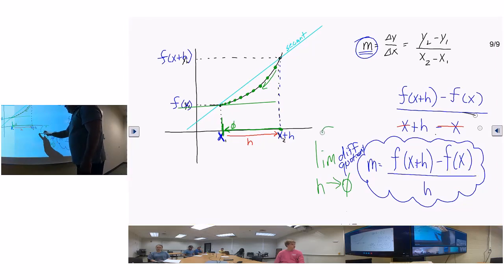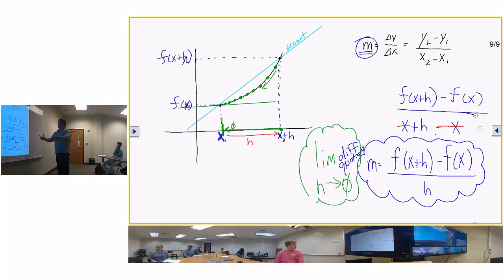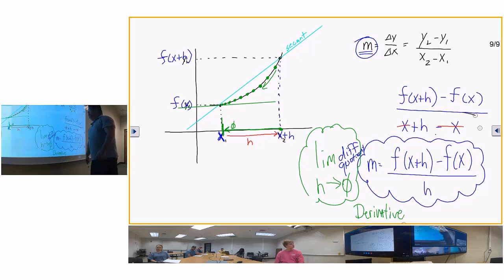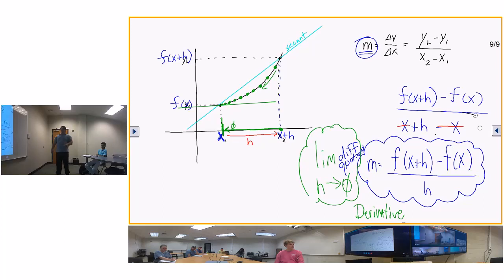I put the limit theory with the slope, and you put those two together, and this gives you the derivative. Now that's where you're heading with this. On Monday we're going to do some limit theory.